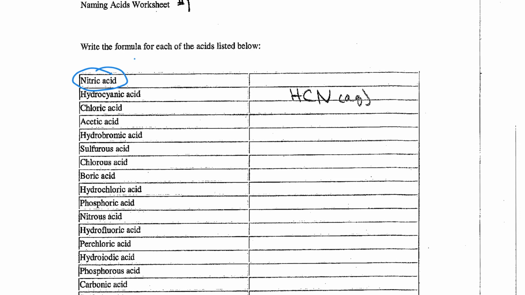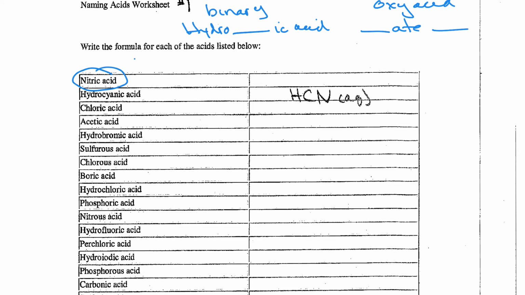And remember that if it's a binary acid, then you're going to say hydro, whatever the other element is, ic acid. If it's an oxyacid, so if it's from a polyatomic ion, if the polyatomic ion ends in ate, then it's an ic acid. And if the polyatomic ion ends in ite, then it's an ous acid.